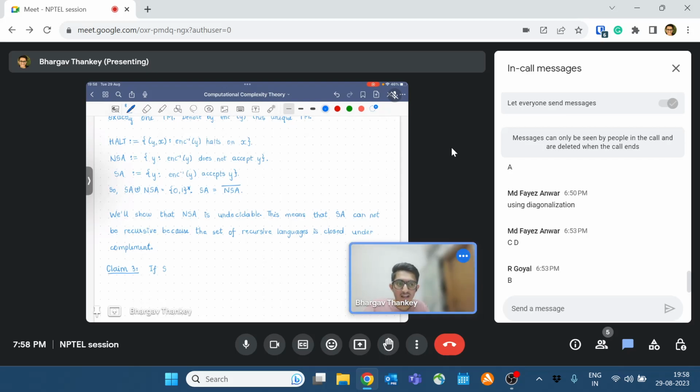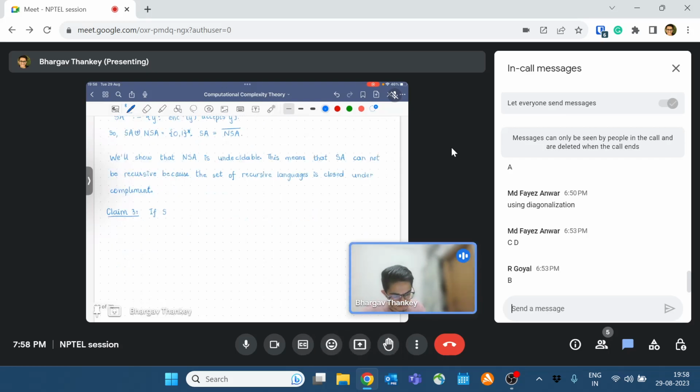I mean, sure, flipping is a common operation, but it depends on which context you're using it. For example, to prove that P equals co-P, you would use a similar flipping, right? To the one I am talking about over here. Yes, I got it. We use the same notion, flipping the output, to prove various things. Right, yeah. Okay, so this means that SA cannot be recursive.